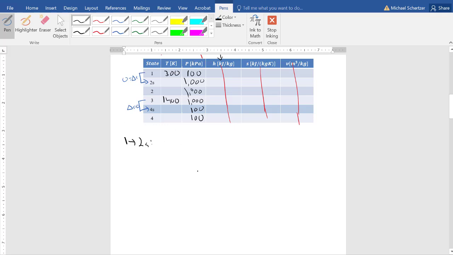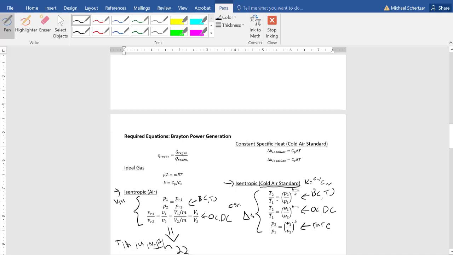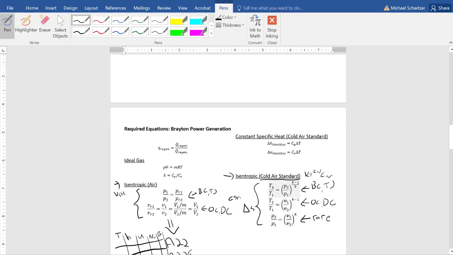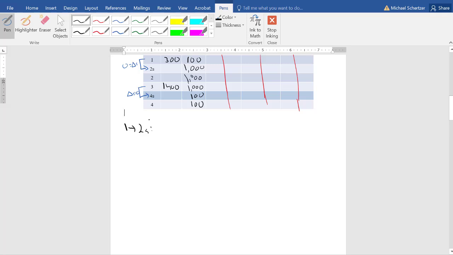So because this is isentropic, I can go down to my equation sheet down here, and I see that T2S divided by T1 is going to be P2S divided by P1, all to the k minus 1 over k. Right? So let's see if I remember that. That's T2S over T1 is equal to P2S over P1 all to the k minus 1 over k.